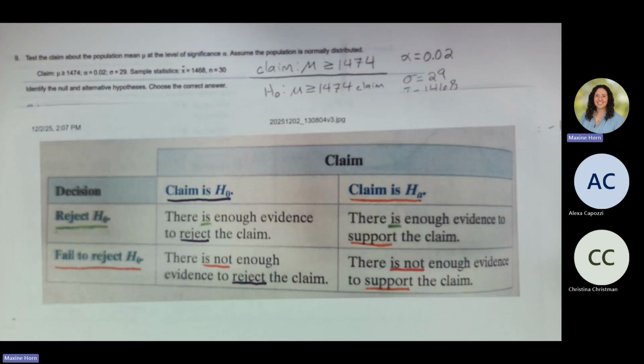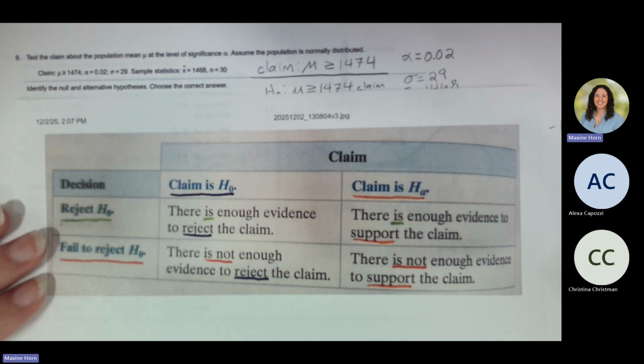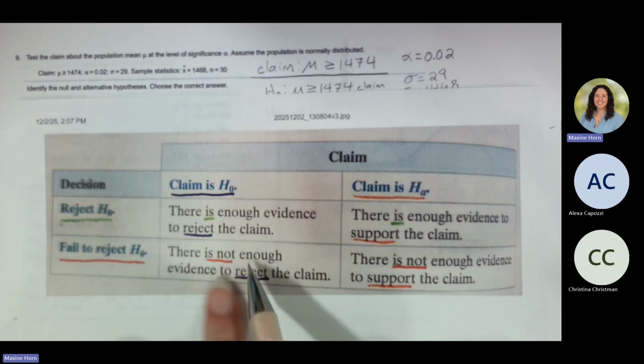Okay, so I know it might seem confusing at first, but if you just keep referring back to this chart, then you won't get it wrong. Right, you see how this works? The claim is the null hypothesis, and we failed to reject the null. Where do they intersect? They intersect in this one right here.